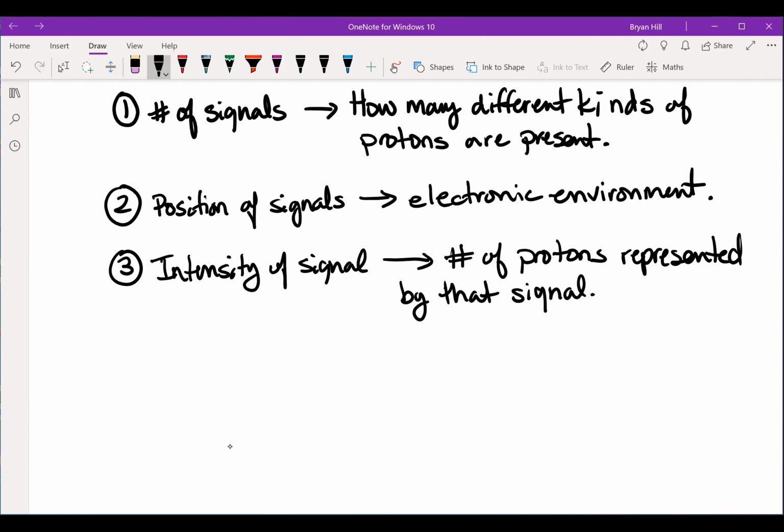And the fourth thing, which we haven't seen yet in any of the spectra, is the splitting of the signal.